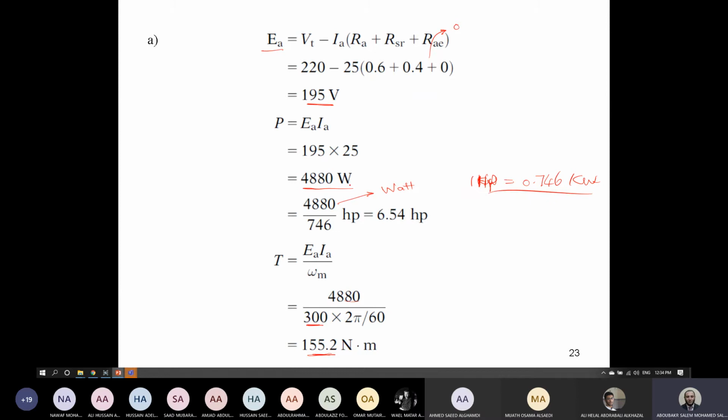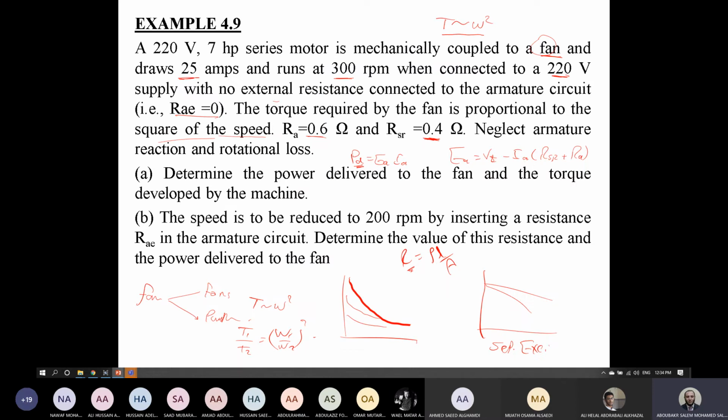Now, this value of power is in watts. If you would like to calculate in horsepower, you should divide by 746. Now we have the power. Also, it was required to find the power delivered to the fan and the torque. Now we need to calculate the torque, and we have the value of power. So simply torque equals power developed over speed.